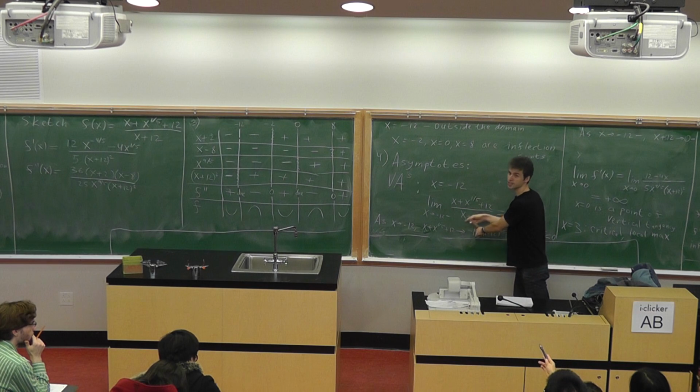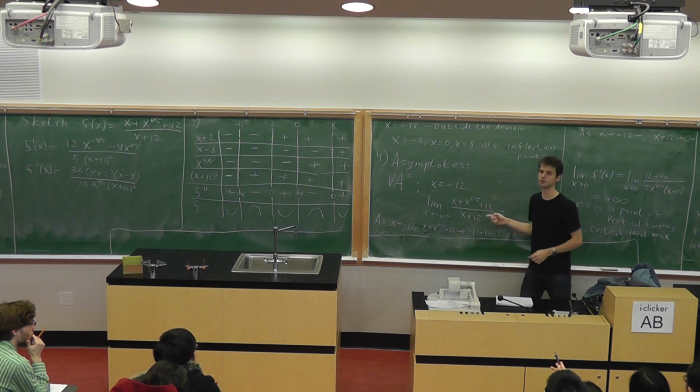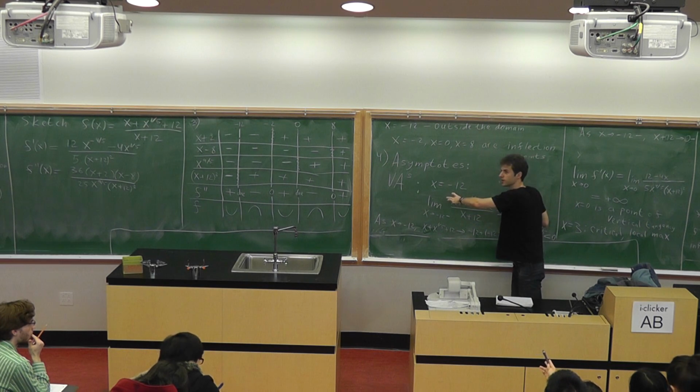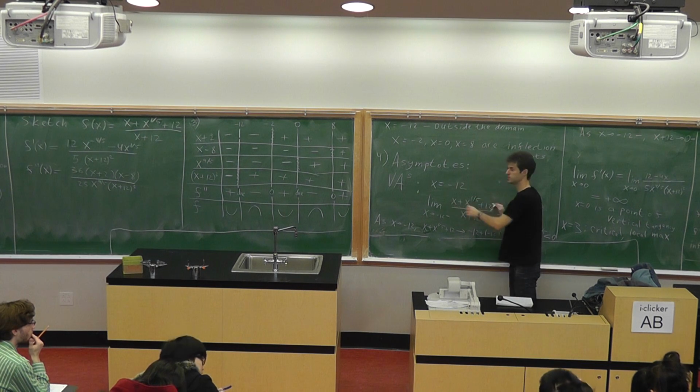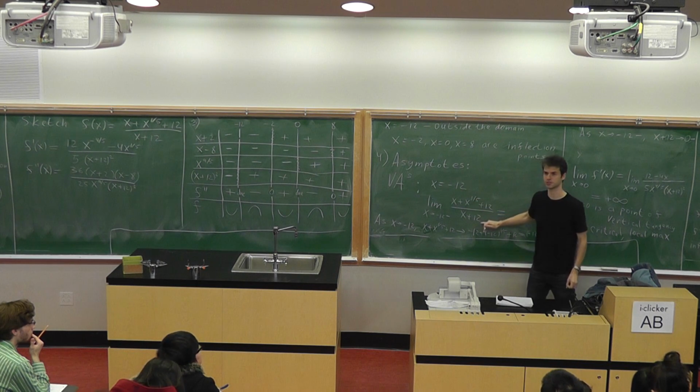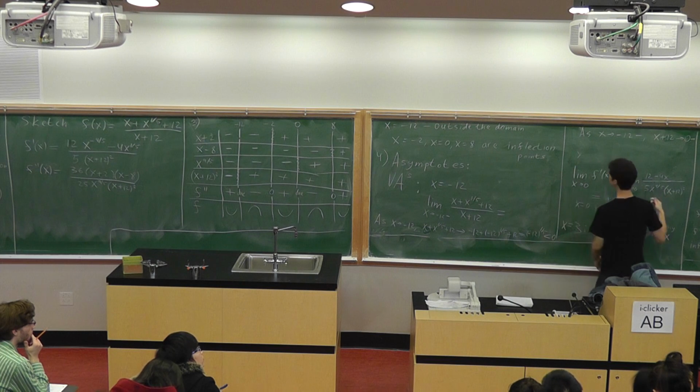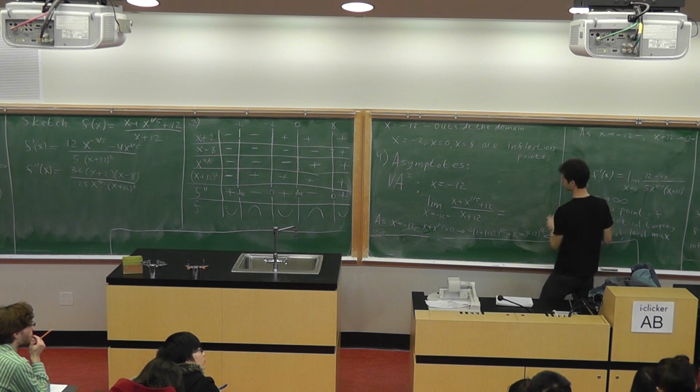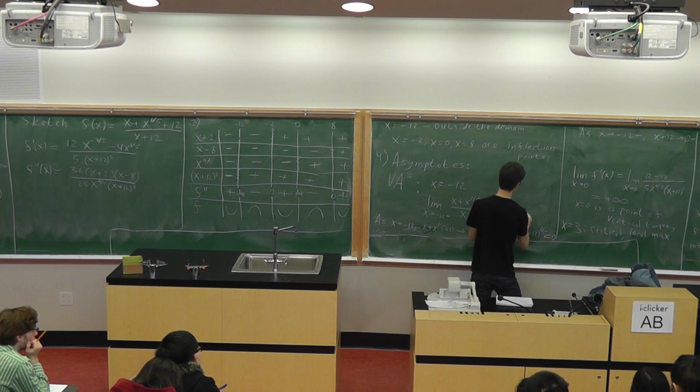So the denominator is negative, the numerator is negative, and we are taking a non-zero negative number and dividing it by a very small negative number. The answer is a large positive number. So this limit is plus infinity.